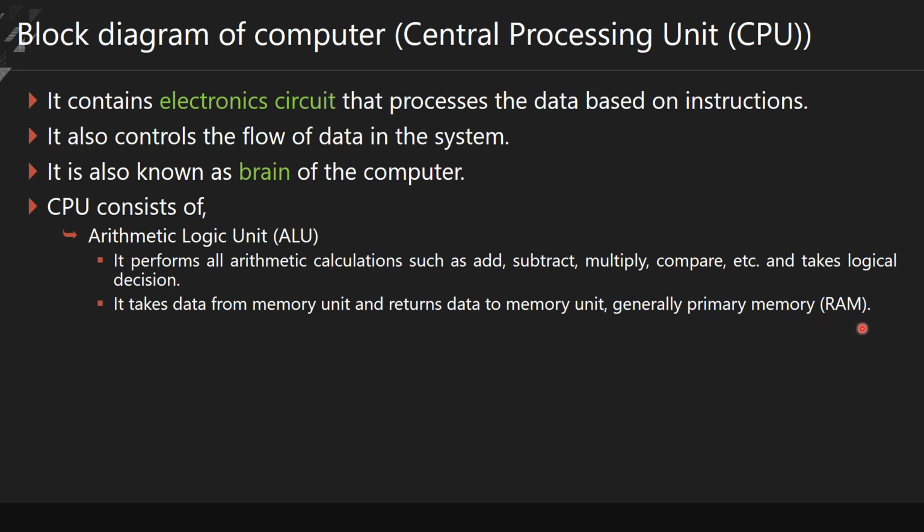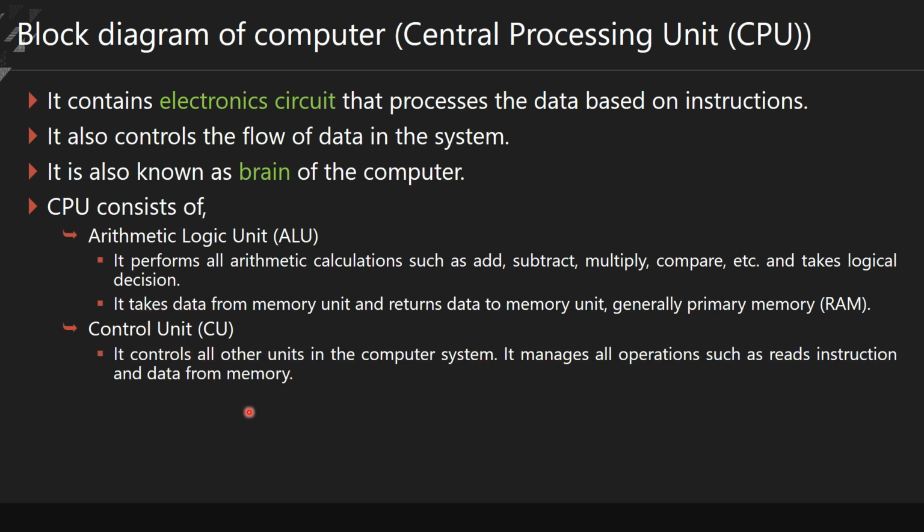The control unit also comes into the picture here. It controls all other units in the computer system and manages all operations, such as reading an instruction and storing data to the memory, or reading and writing it to the memory. All of it is controlled by the control unit.